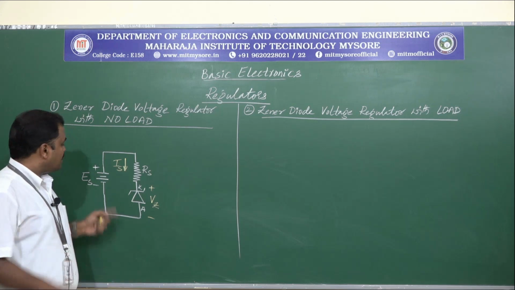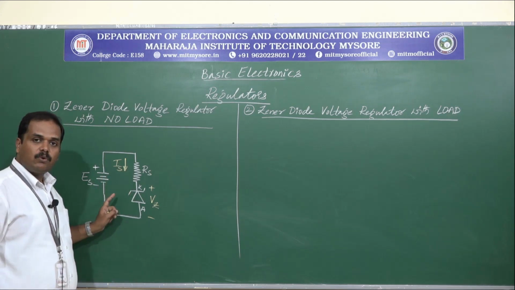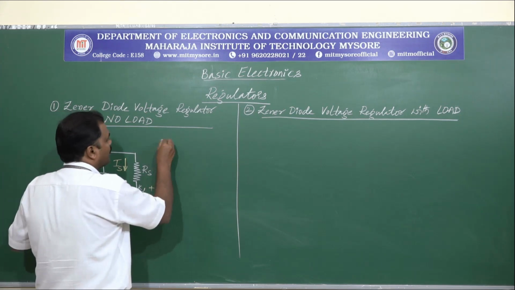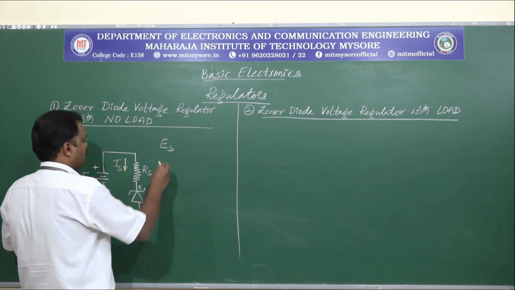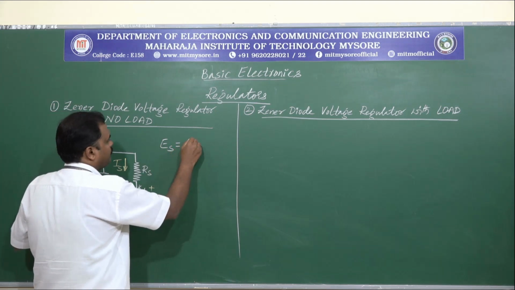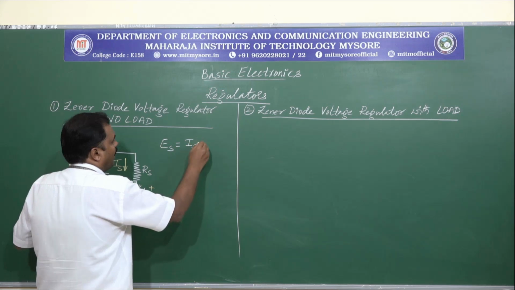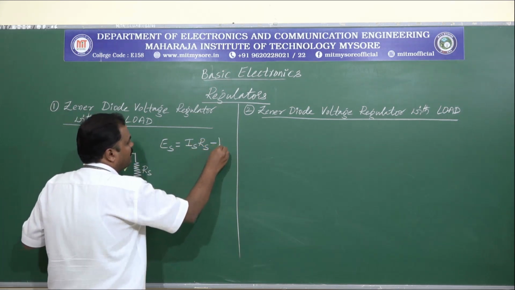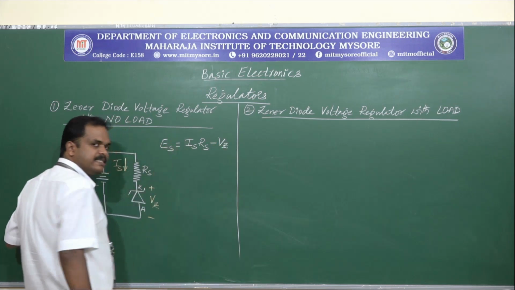Let us apply KVL, Kirchhoff's voltage law, through this path, so that ES is equal to Is into Rs minus Vz.